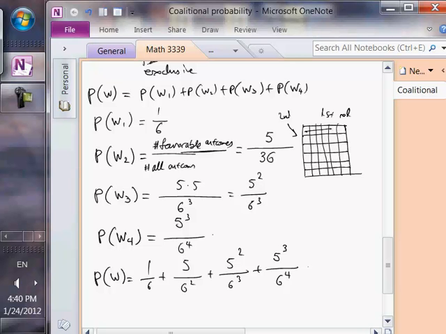You can score a 5 and anything else in the second roll. The second roll is open because you're allowed to win in the second roll. So this is 1, 2, 3, 4, and 5. So all the allowable events are those squares that, if you add them, there are 5 times 6, there are 30 of them.